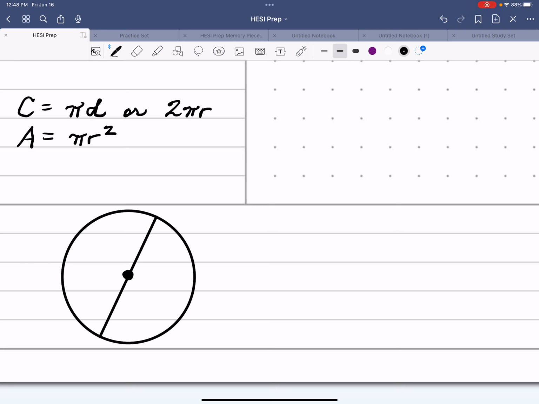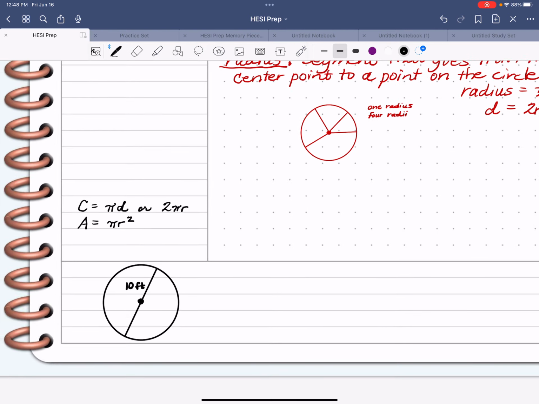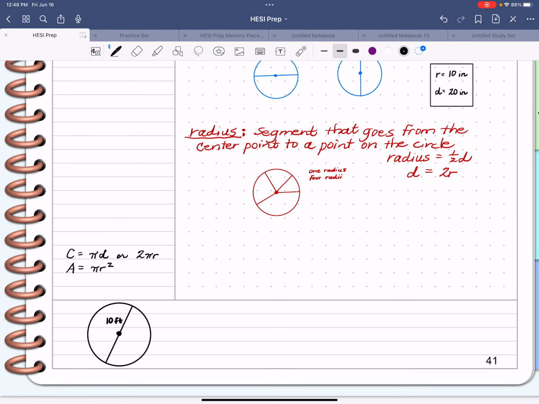So I'm going to tell you that this particular line is 10, let's use feet. Maybe this is a swimming pool. So let's find the circumference of this swimming pool. If I wanted to put up a net or a border or a deck around this swimming pool, how many feet am I talking about?